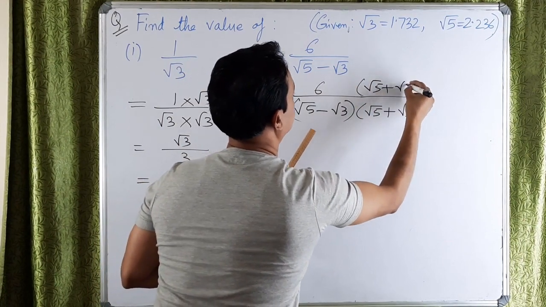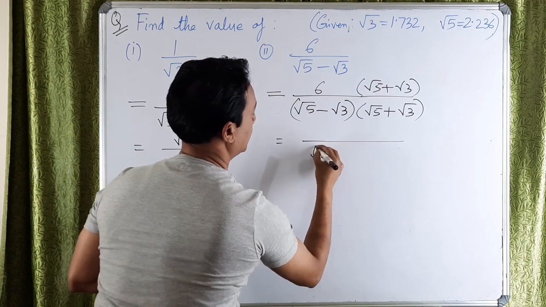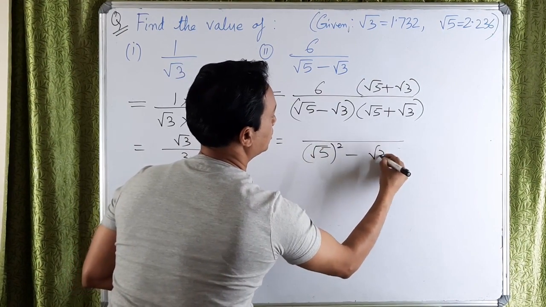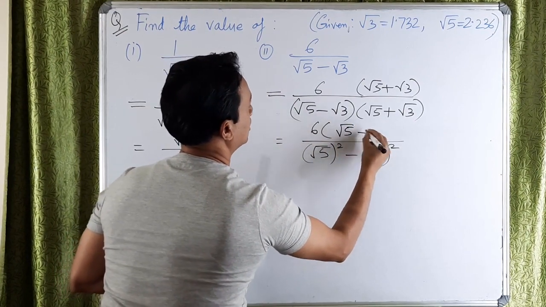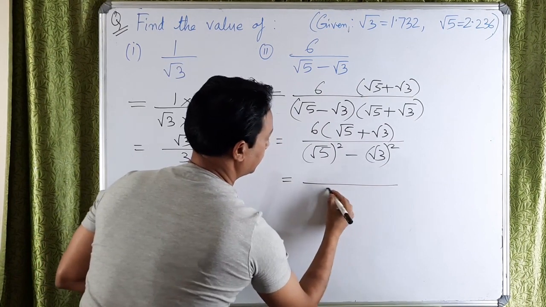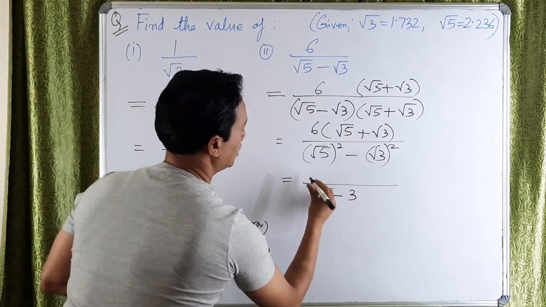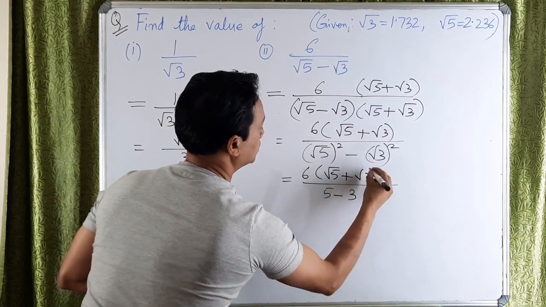Root 5 plus root 3. Now below we will get a square minus b square. 5 square minus 3 square; we'll not multiply, we'll just leave it like that. So here we are getting 5 minus 3. On top we have 6 into root 5 plus root 3.